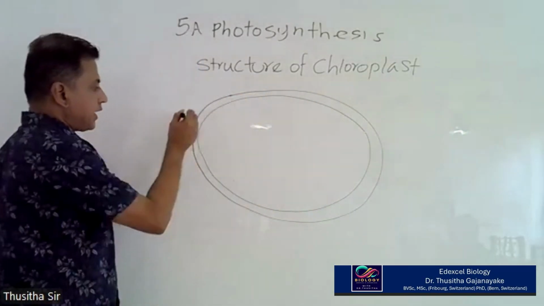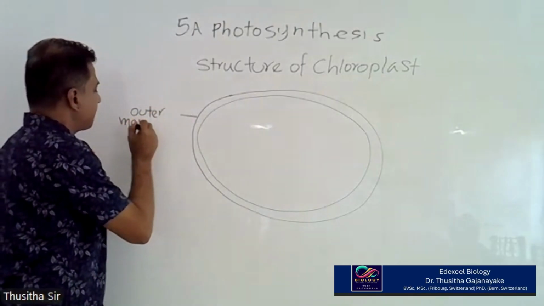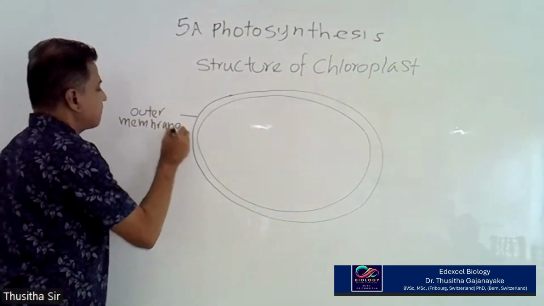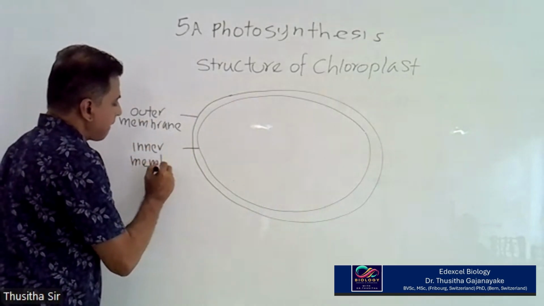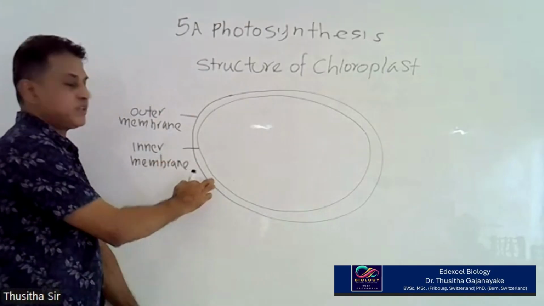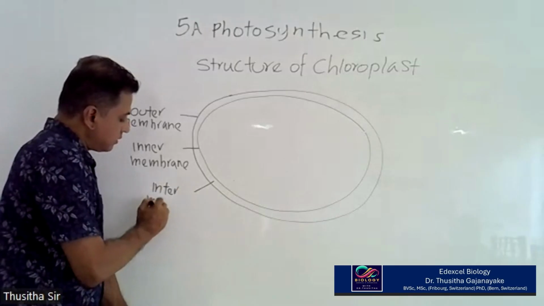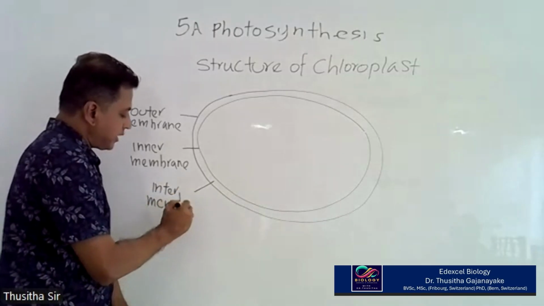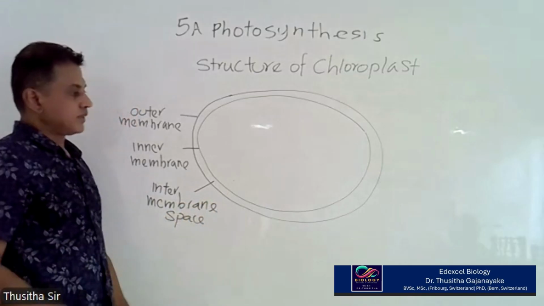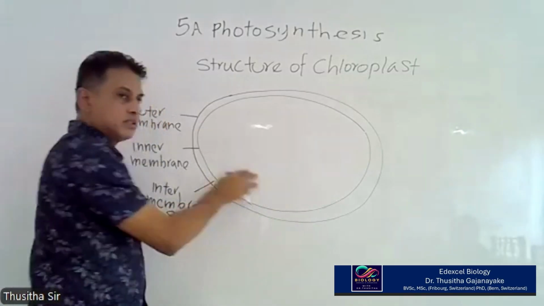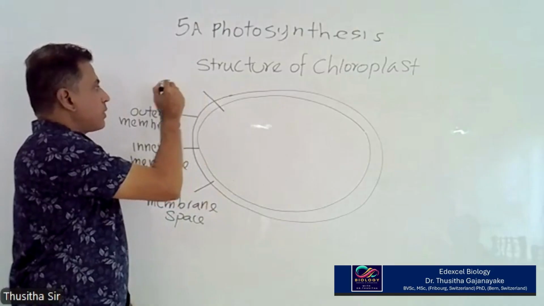That's the outer membrane, and the inner membrane, and in between the space is called the intermembrane space. Everything inside is a jelly-like structure and it is called the stroma.